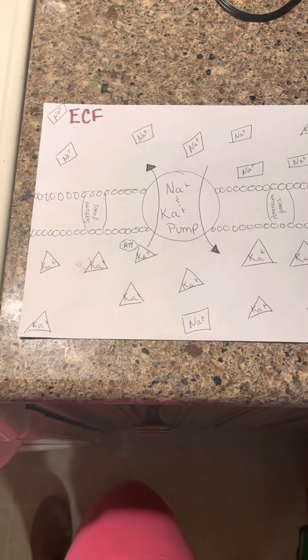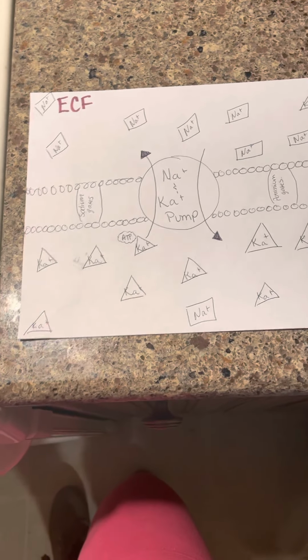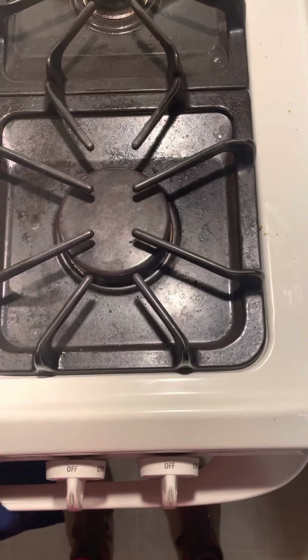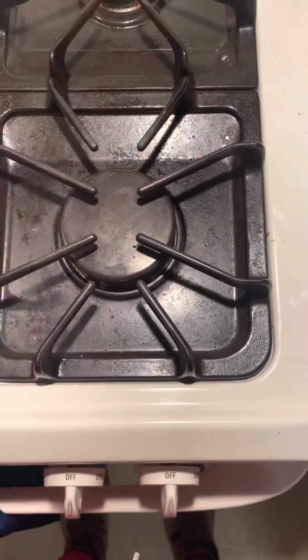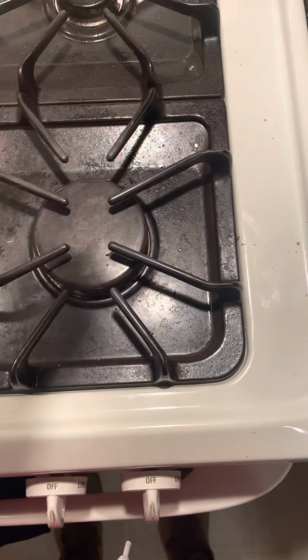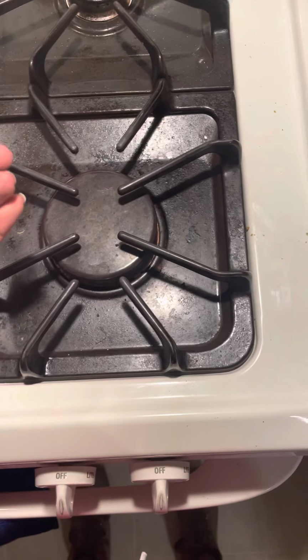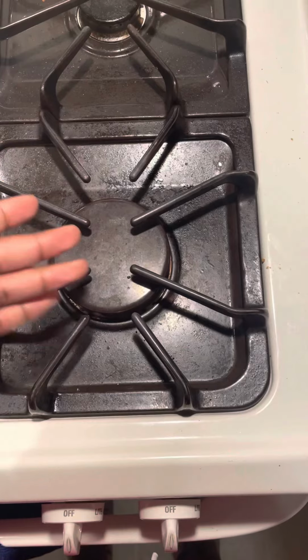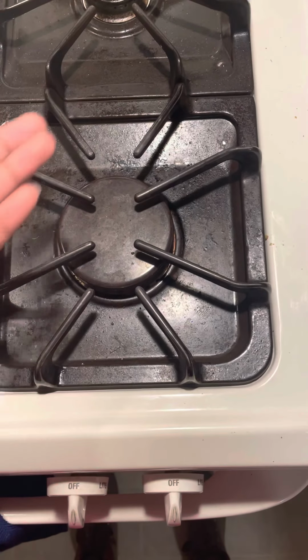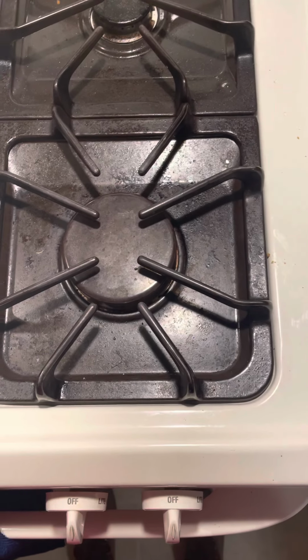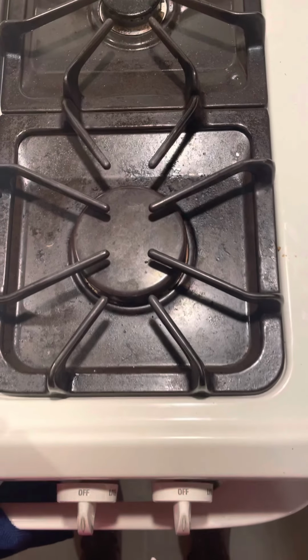So what happens is I have my stove here. Don't worry, I'm not going to turn it on, but let's pretend that it's on. If I put my hand over the stove and it's hot, and I'm getting closer and closer to the stove, I can start feeling that heat. My dendrites sense a stimulus, or they sense that heat, which then communicates to the soma, and it's kind of like a domino effect.